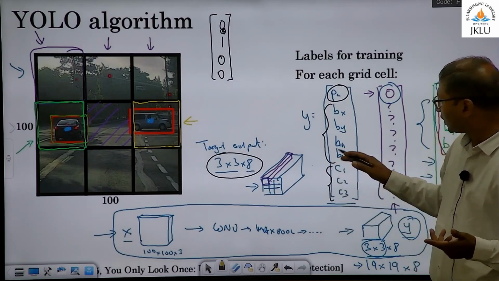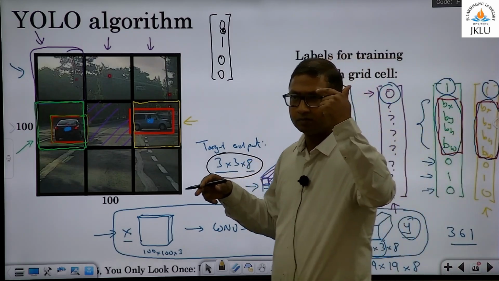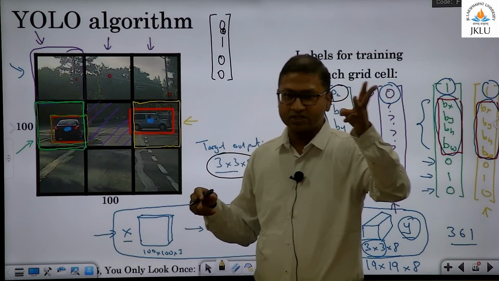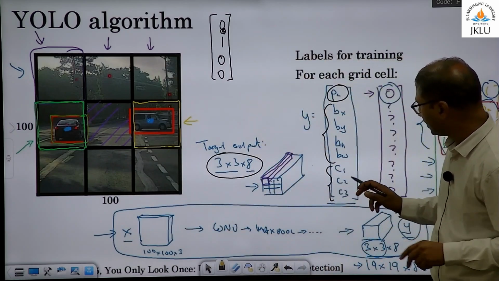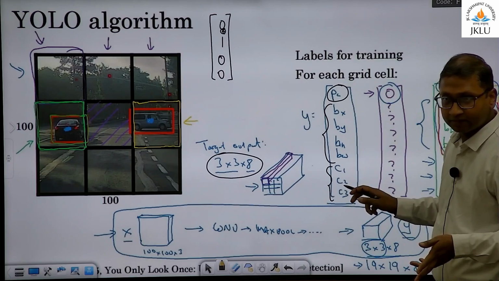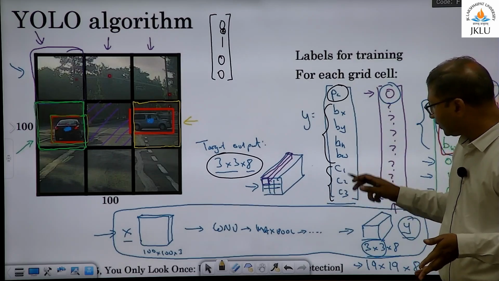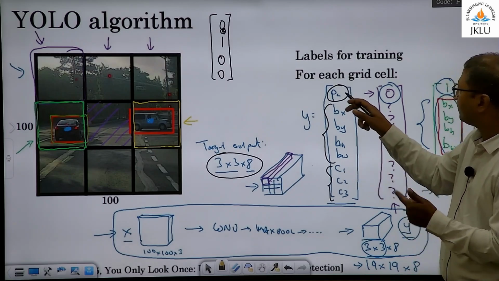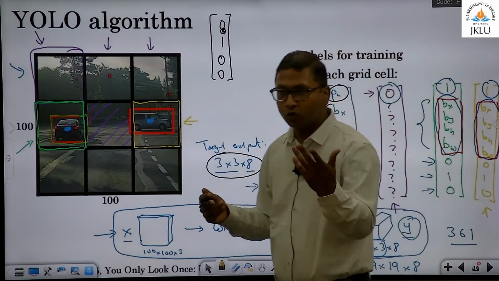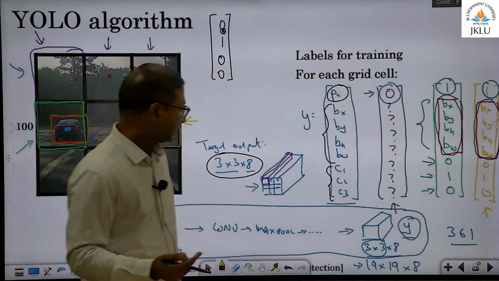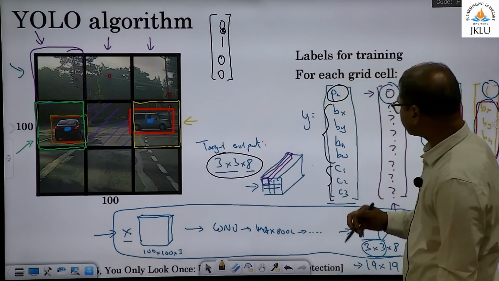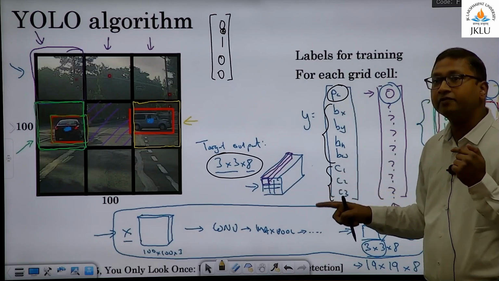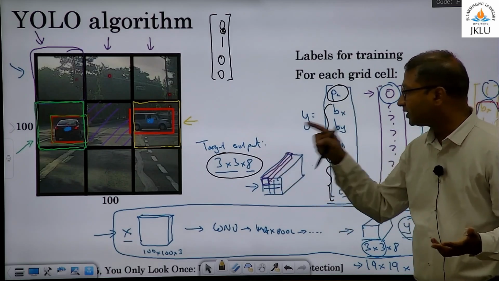What was the order of our classes: pedestrian, car, motorcycle and then background, okay. So which of the 3 classes is there, right? Why don't we have background here? PC equal to 0 basically means no object and hence just background, okay. Now this 8 comes from this. If I have 10 classes, what will this 8 become?